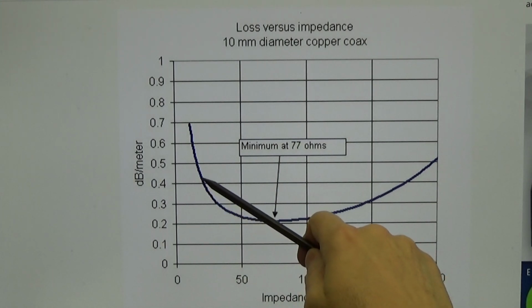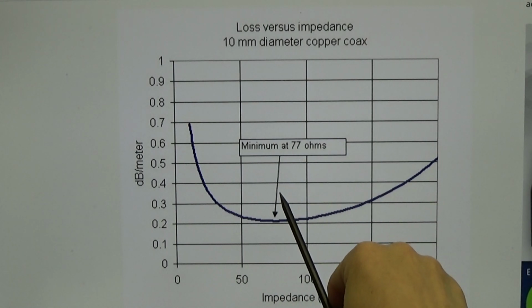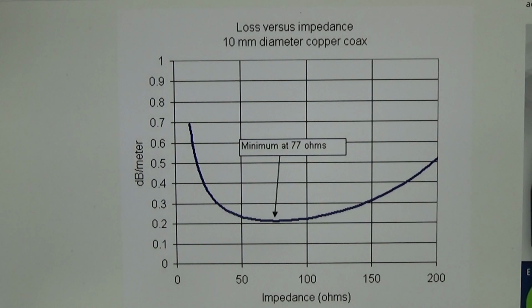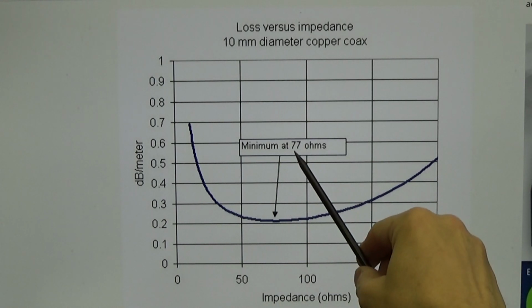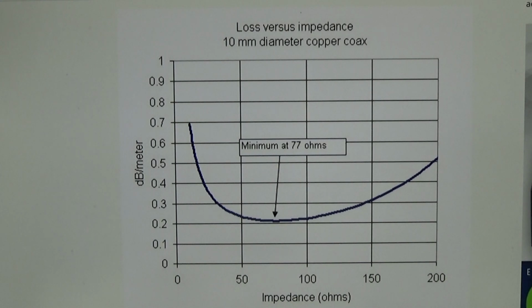So with a lower impedance we would have a higher loss, and with a higher impedance we again have the same. So, let me say for receiving devices, 77 ohm would be the optimal impedance.